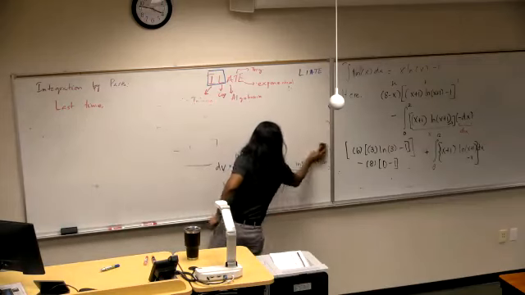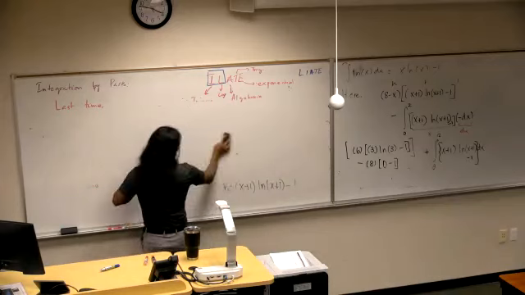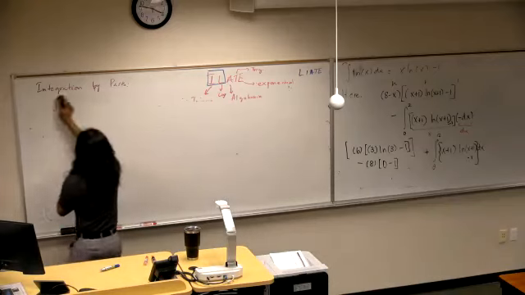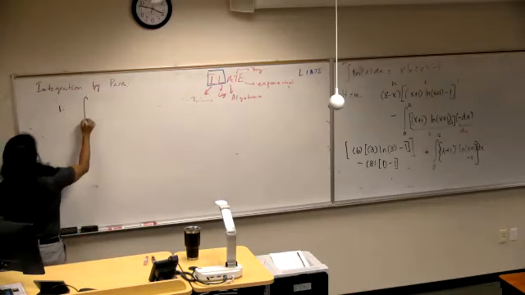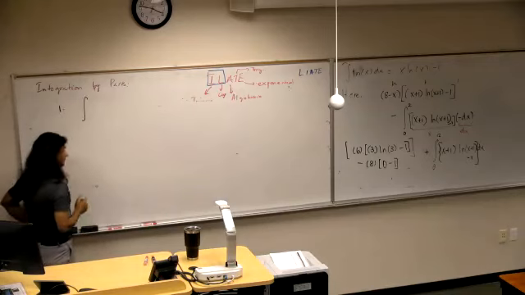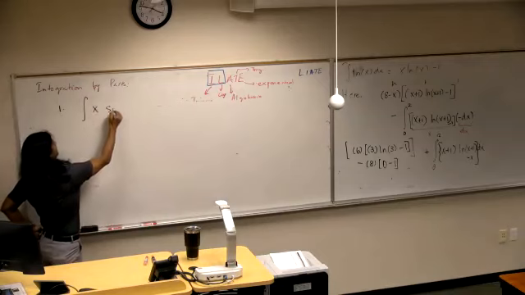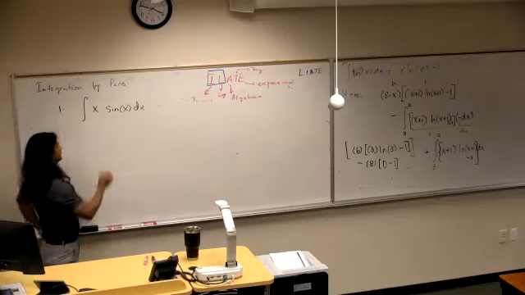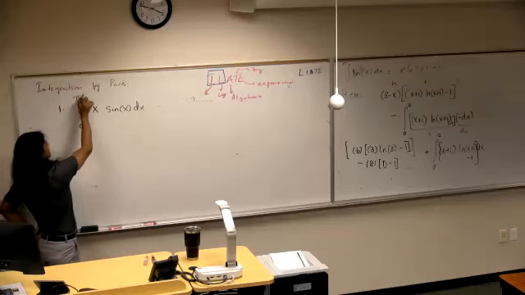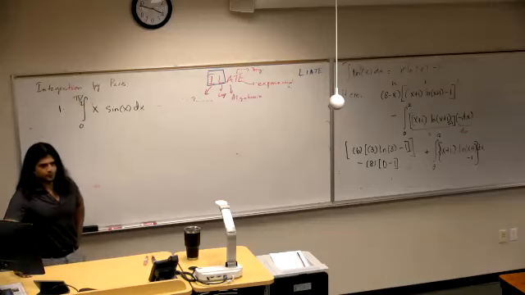Leave isolate as is. And here is an easy example: the integral of x times, I love sin, so sin x, from 0 to pi over 2.